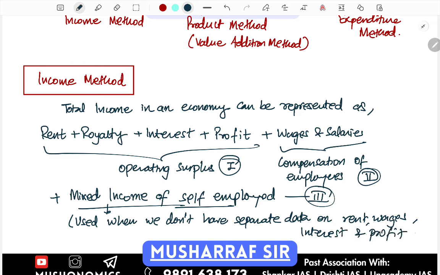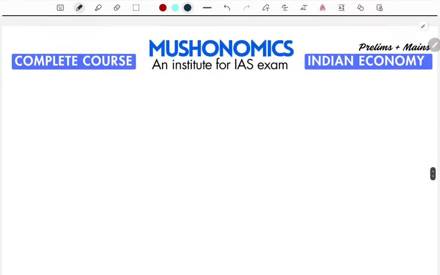So when we don't have separate data on these things, we take it as mixed income of self-employed. So these are the 3 groups that we can talk about under income method.